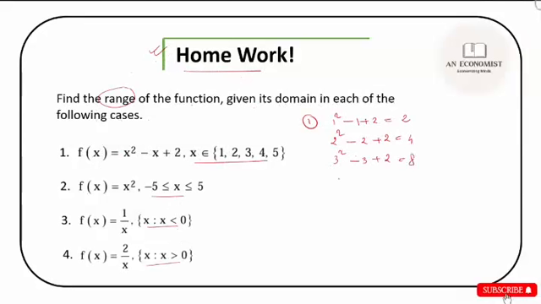Then you have 4 square minus 4 plus 2, so 16 minus 4 is 12 plus 2 is 14, right? Then you have 5 square minus 5 plus 2, so it's 25 minus 5 is 20, 22.